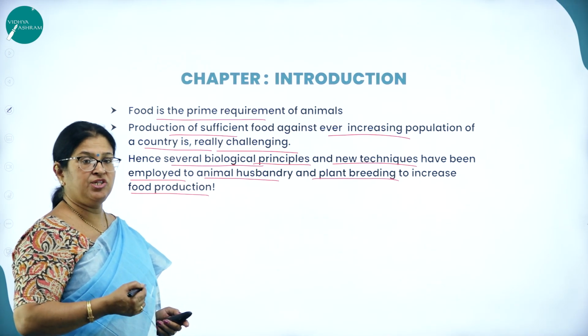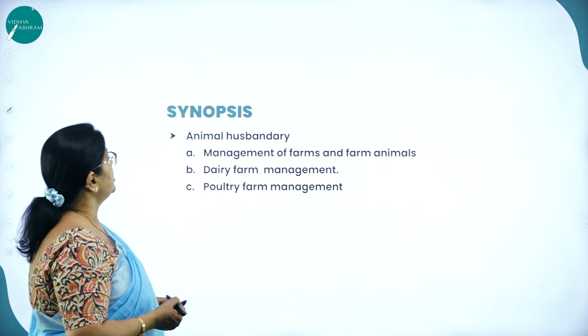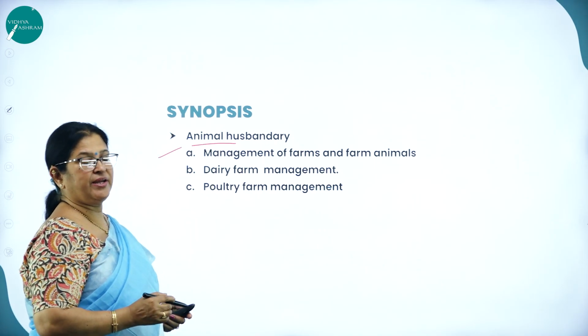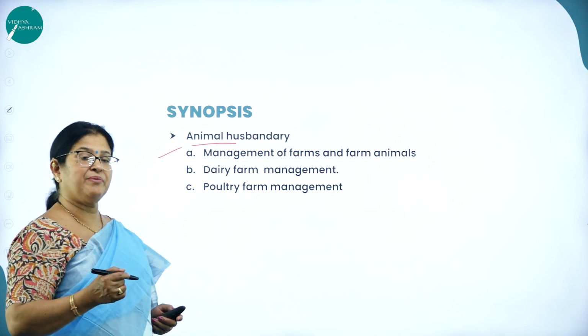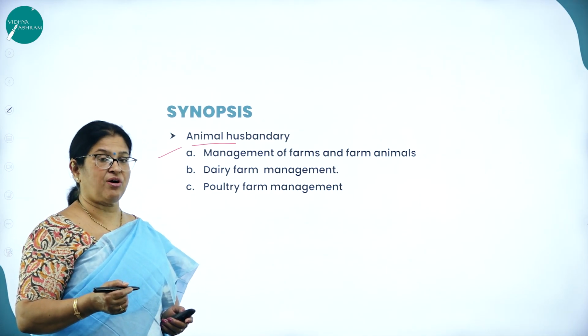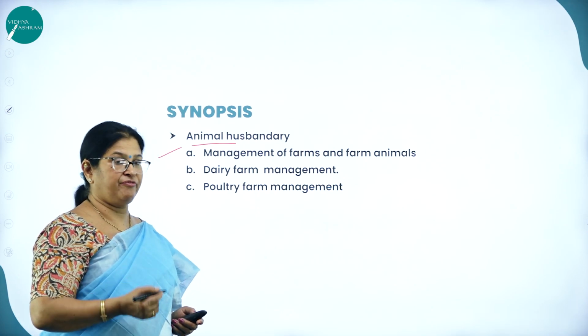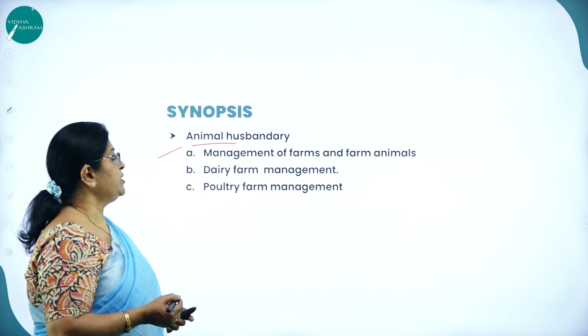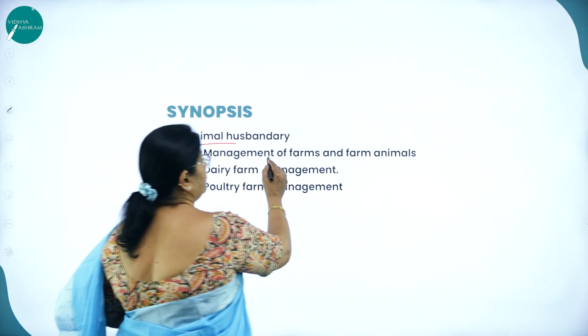Animal husbandry is nothing but an agricultural technique of breeding and raising livestock, like cow, buffalo, pigs, goat, sheep, etc. It includes management of farms and farm animals.